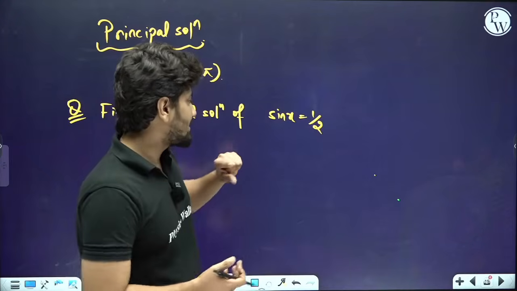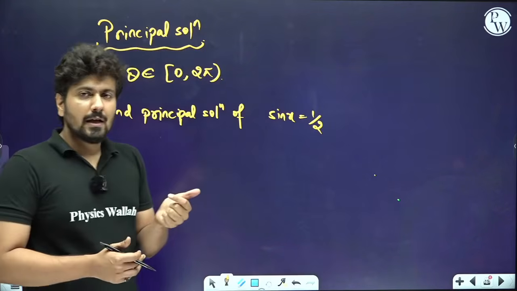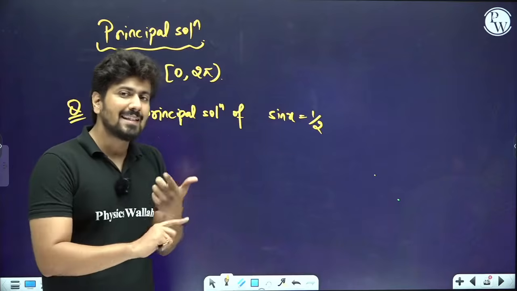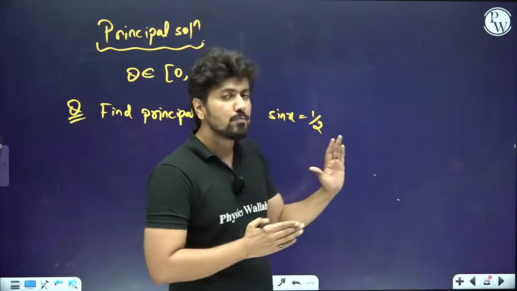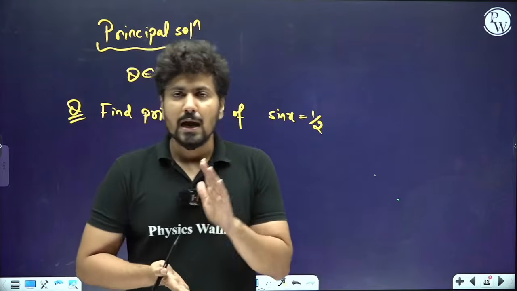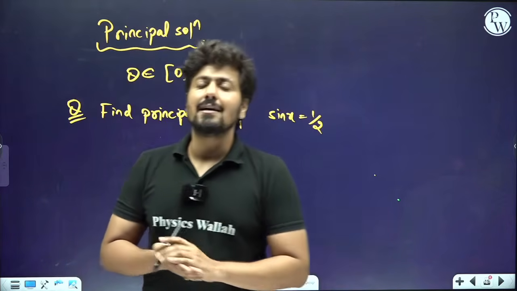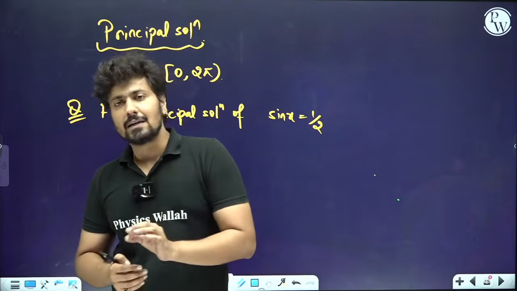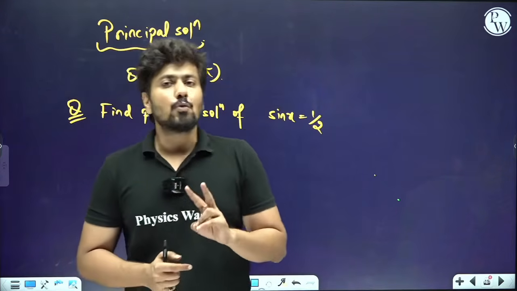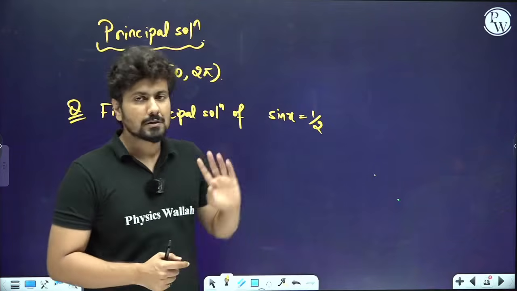So we know that sine x becomes 1 by 2 in the first quadrant and then in the second quadrant, because these are the two quadrants where sin x will give you positive values. I hope everybody knows that in the third quadrant and in the fourth quadrant sin x gives you negative values.